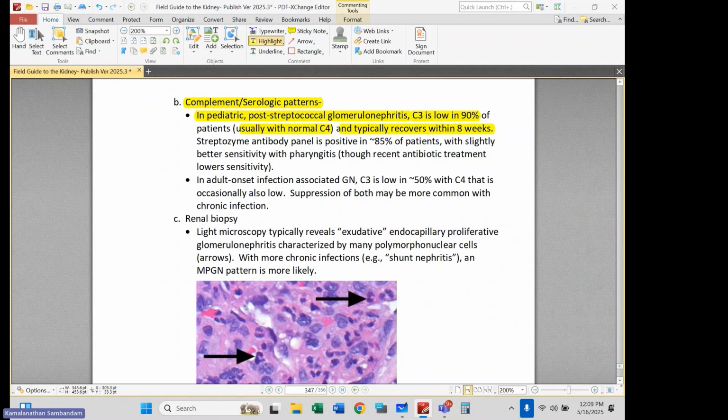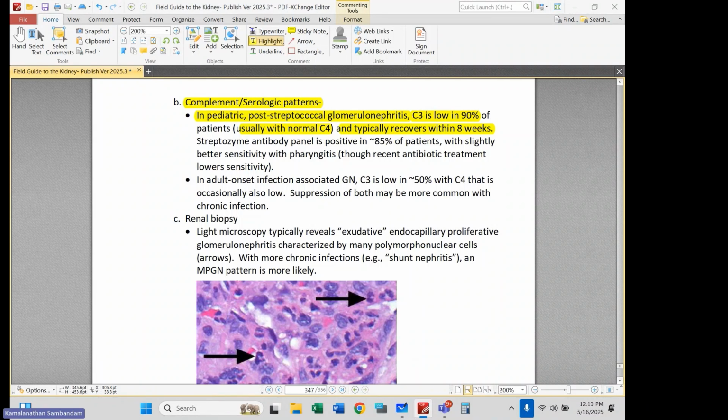In some cases, this is used, as I understand it, to take a more conservative approach in pediatric patients, where a pediatric patient may present with hematuria and proteinuria and a presumed preceding infection.